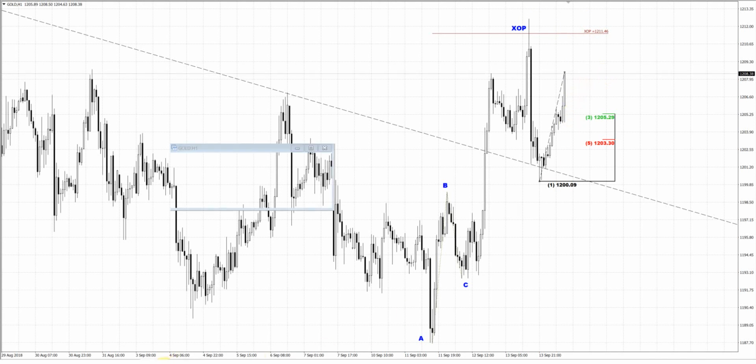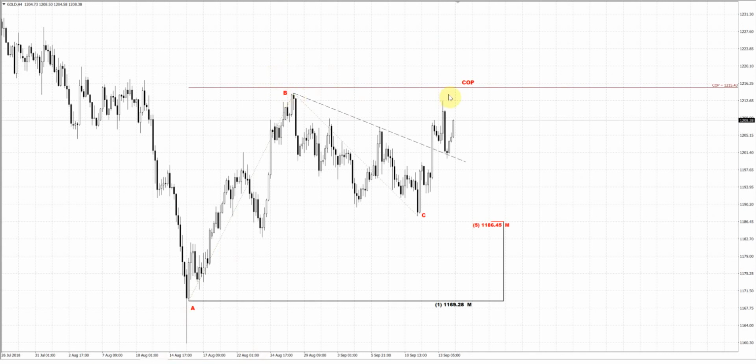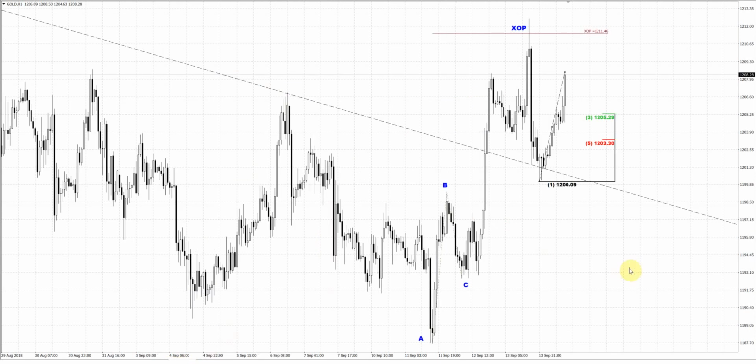I mean these tops, this B point. And the XOP target stands right here. Taking into consideration the strong rally that the market has shown, the chance of this breakout is very significant. So that's our current view of what we see on the gold market. Let's see what we will get.